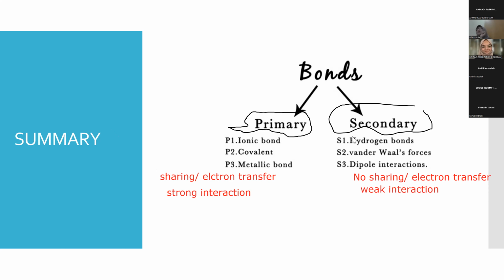Covalent bonding, that's right. What is the type of secondary bonding that can possibly happen in methane? Hydrogen bonding, van der Waals, or dipole interaction? What do you think?